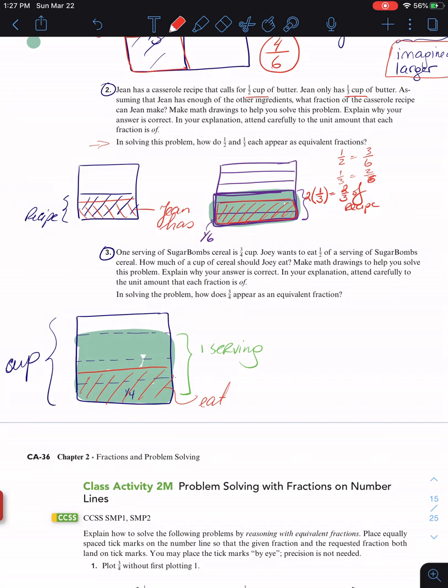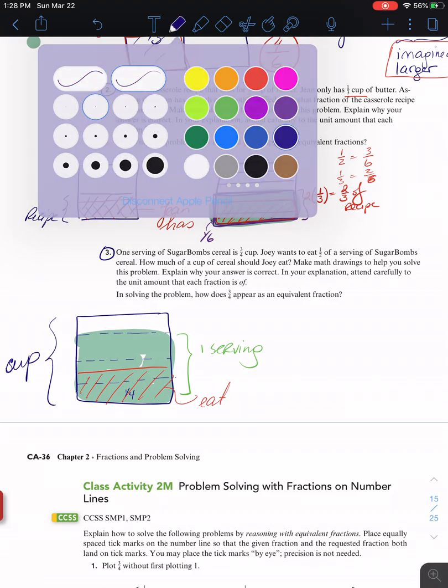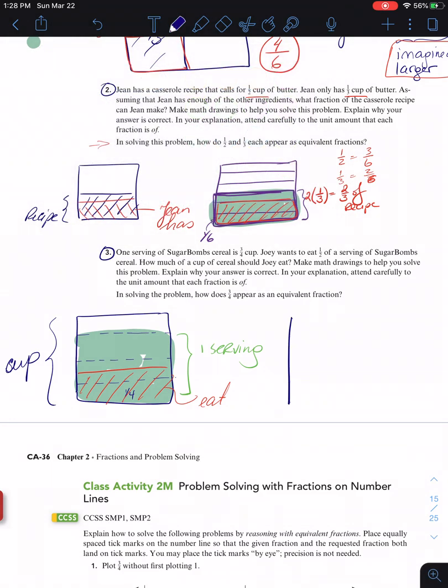Right? So we need to figure out how we can cut up this particular serving, this particular cup, into smaller pieces so that we can actually see all of those pieces. So it looks like in here, we cut a quarter into halves. So what happens when we cut a quarter in half?